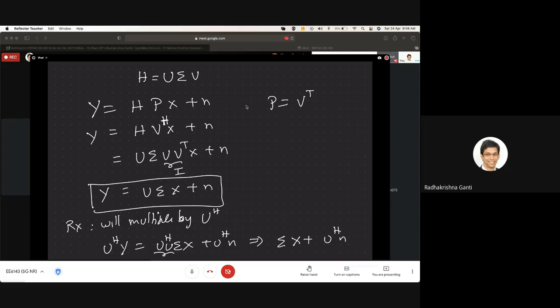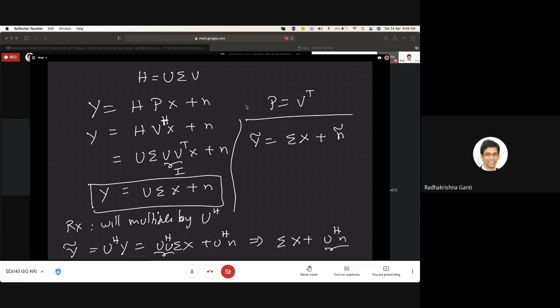I'm just going to write this as y tilde. So I have y tilde equal to sigma x plus n tilde, where n tilde is U Hermitian n. It turns out when you multiply noise by an orthonormal matrix, noise boosting will not occur.